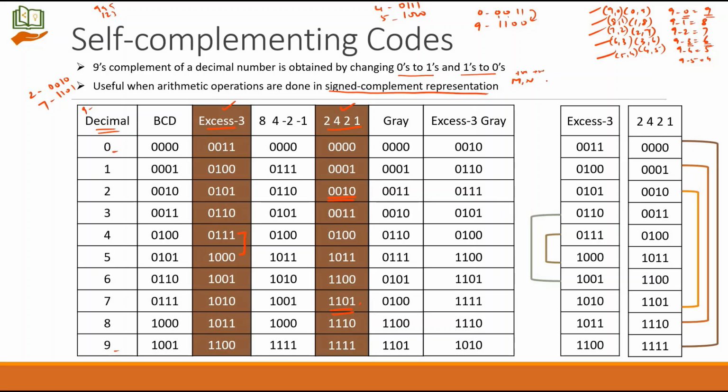The answer may be positive or negative, that is not an issue. The operands are positive so far. But in signed complement representation, the number will be represented as plus something or minus something, and they will ask you to do addition or subtraction. It will not be done immediately in this series, but later it will definitely be done.